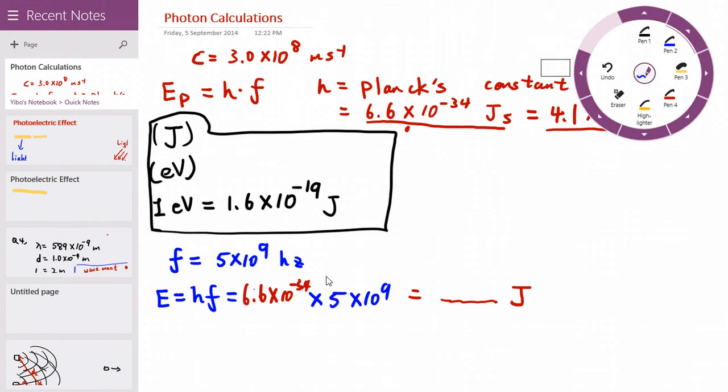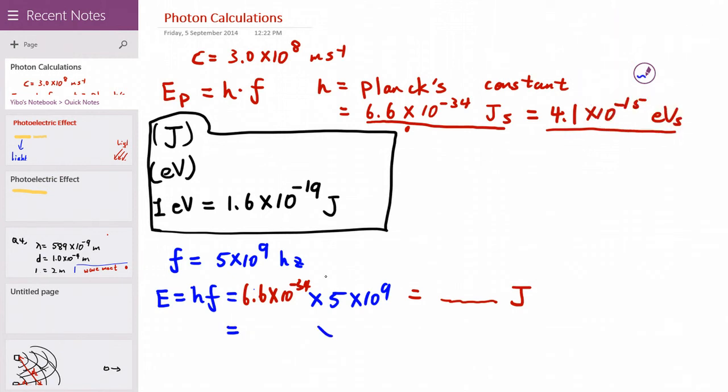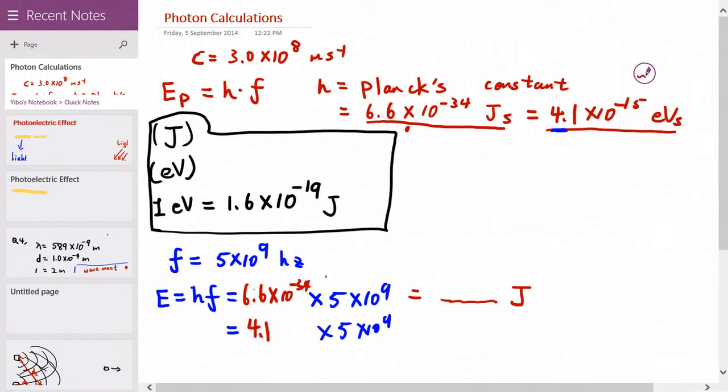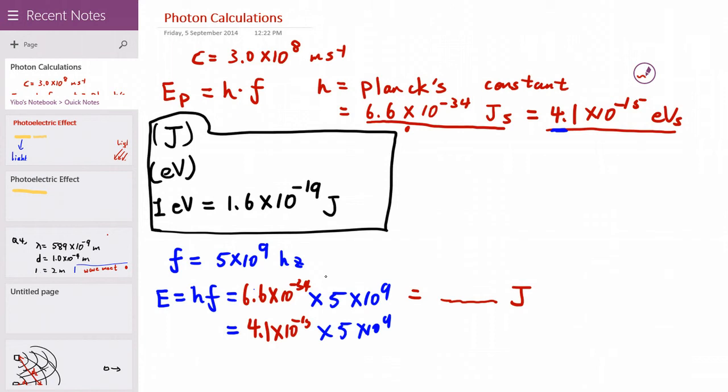However, if I use this number, 4.1 times 10 power of minus 15, in the equation, I will have a different number, and the unit of that number will be in electron volts.